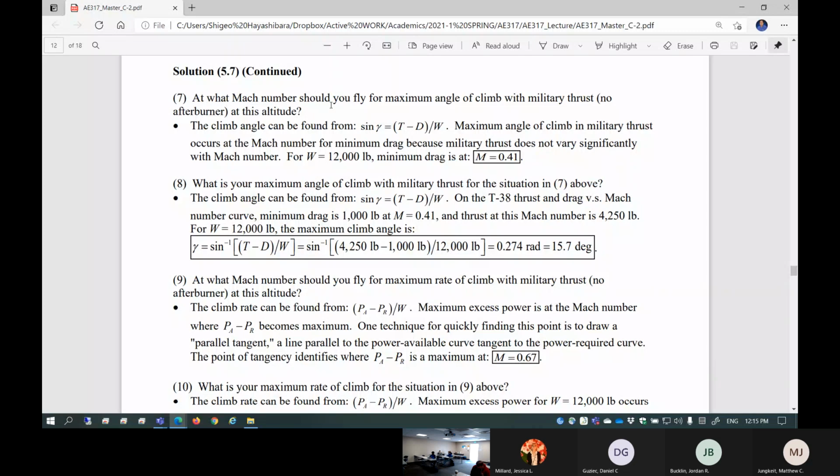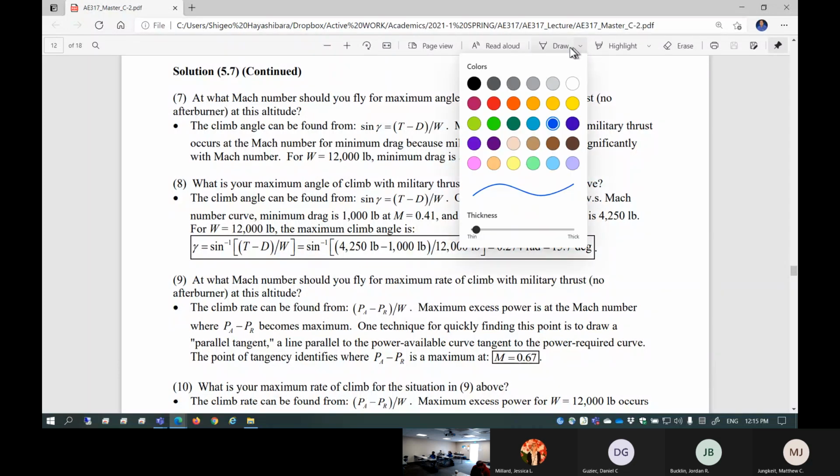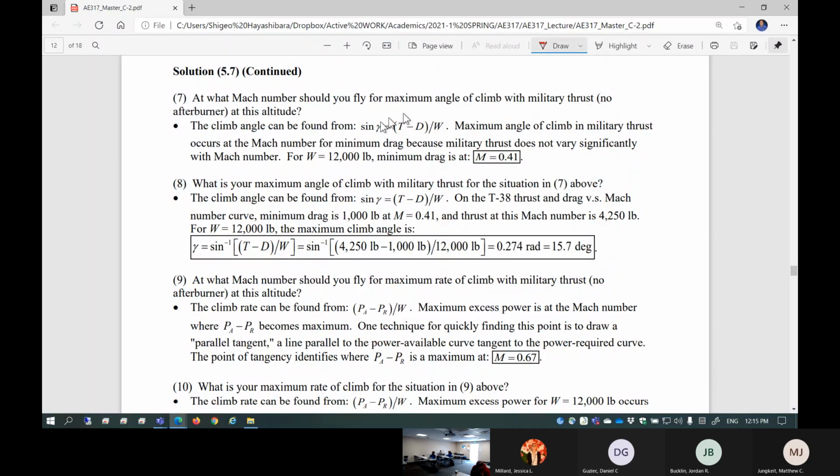This is the condition of maximum angle of climb, okay? This is Mach number 0.41, minimum drag point. Once this is given, you're going to find the flight path angle, which is inverse sine of thrust minus drag divided by weight. So thrust minus drag. Drag is minimum, 1,000 pounds.